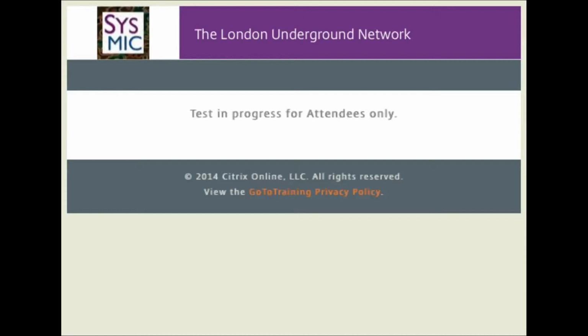Now let us go to the next point and do a test of your current knowledge. In order to do this, I would like to launch the test here, and the test goes like this.